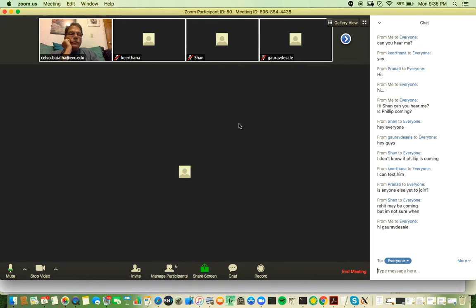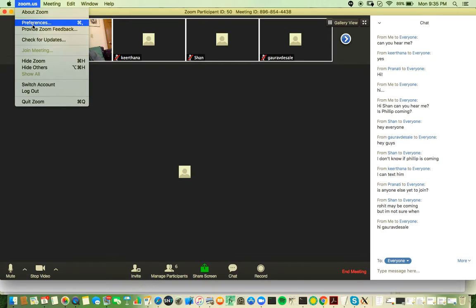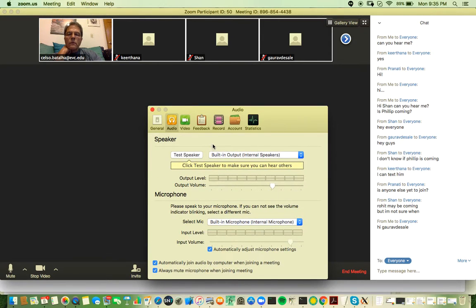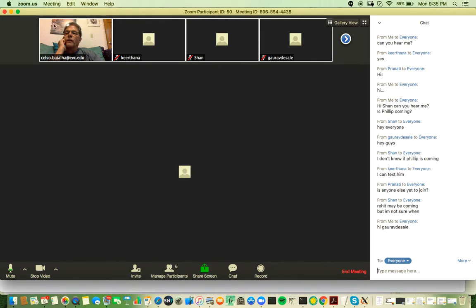So I'm also trying this Zoom, which is a pro version. They gave me a pro version, so let's see how this holds. Did you have to pay for the pro version? No, I didn't pay anything.